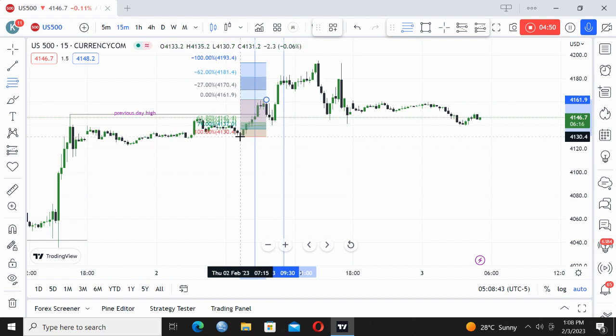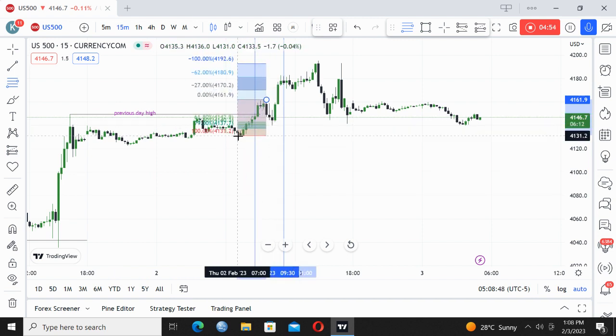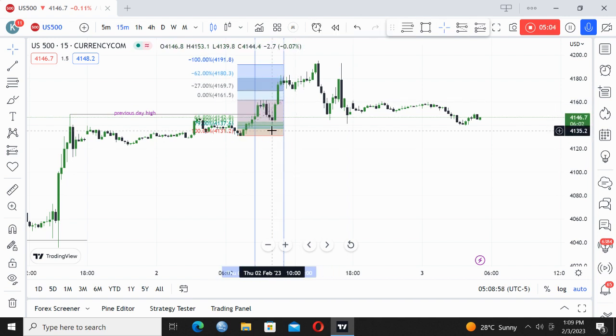Let's put a fib and check if it gave us an OTE, optimal trade entry. And there we go. That is it here. And after that, the market traded higher to this area here.